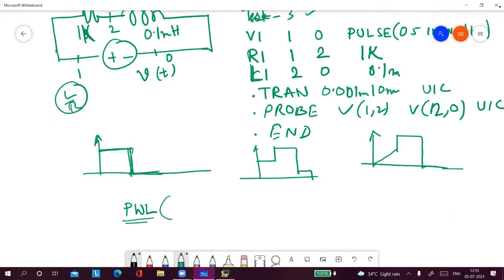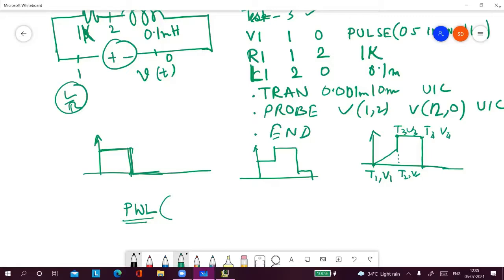Simple. Here the coordinate of this point is time t1, value v1. The coordinate of this point is t2, v2. This point is t3, v3. This point t4, v4. This is t5, v5.